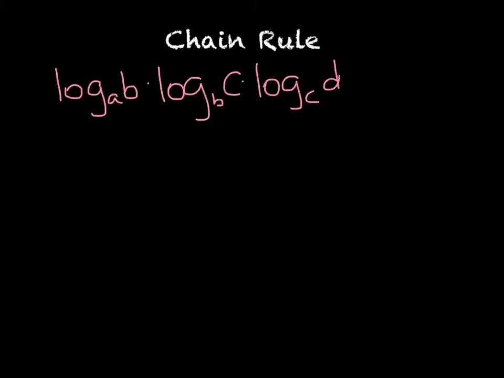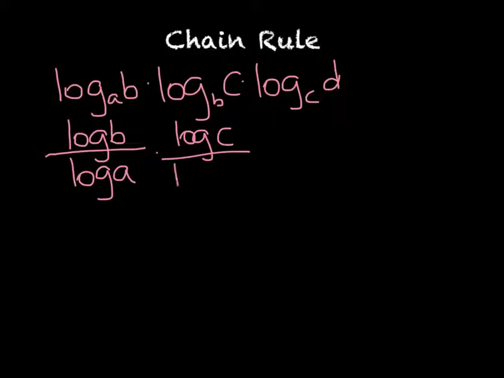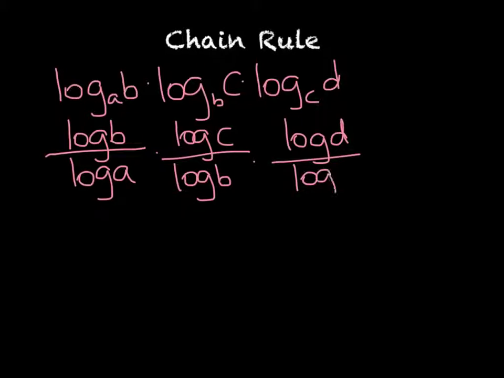We can rewrite these with log base anything. I'm just going to use log base 10 here, the common log. Log of b over log of a times log of c over log of b times log of d over log of c.